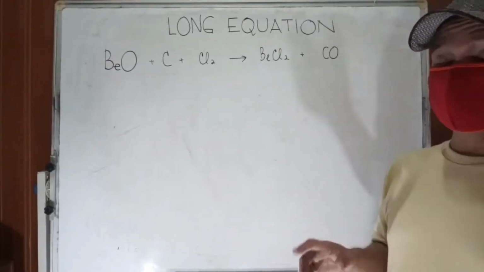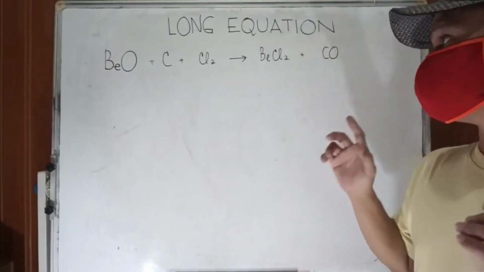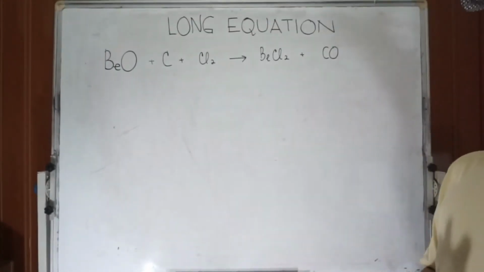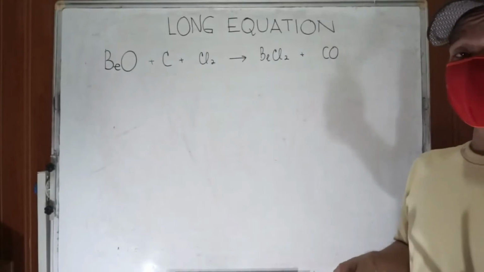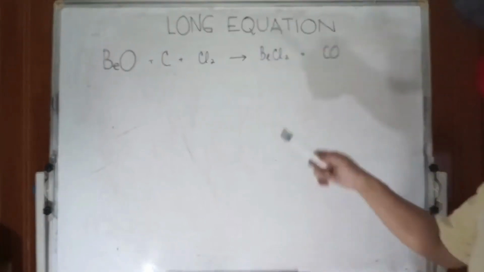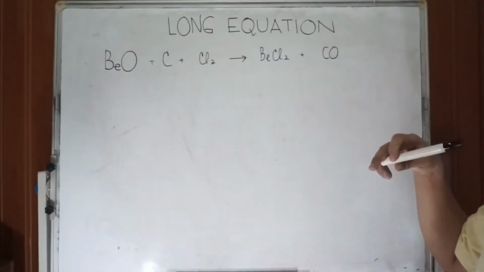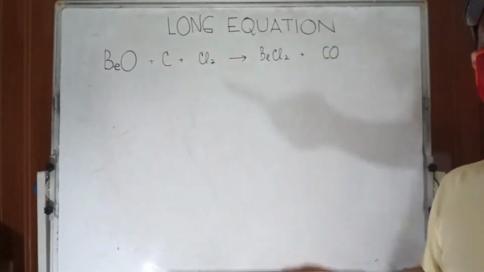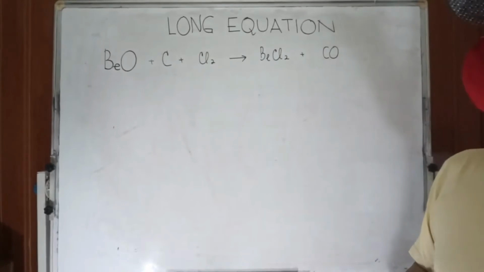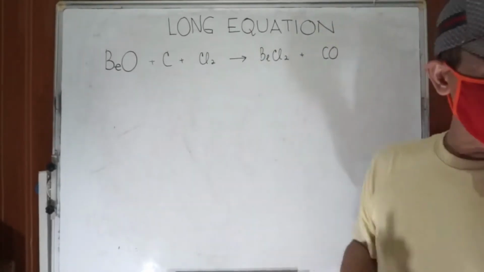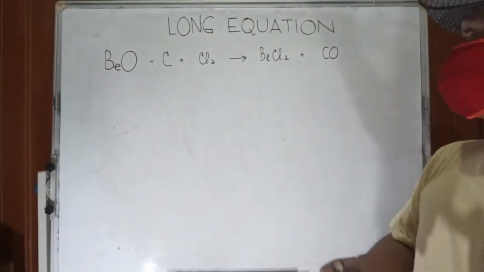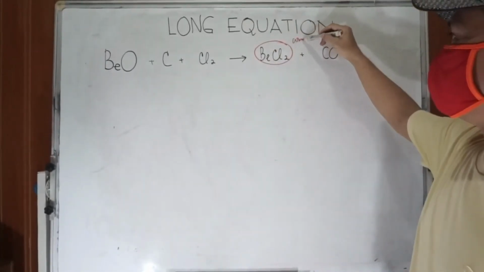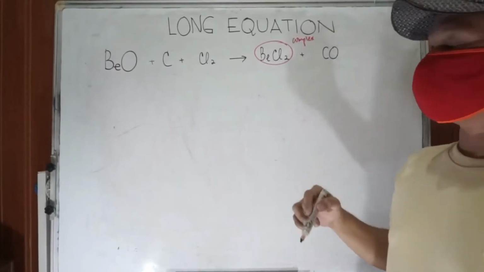The easiest technique to balance it is by assuming 1 for the most complex compound among the 5 items. This is the complex one, the biggest compound.